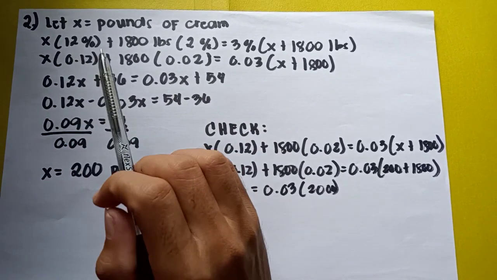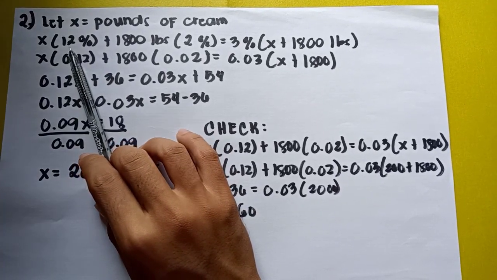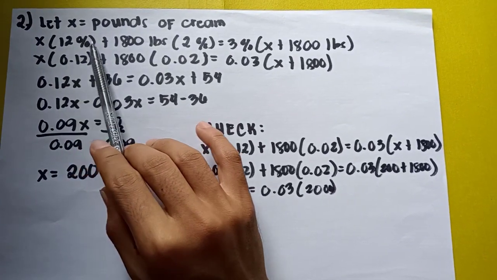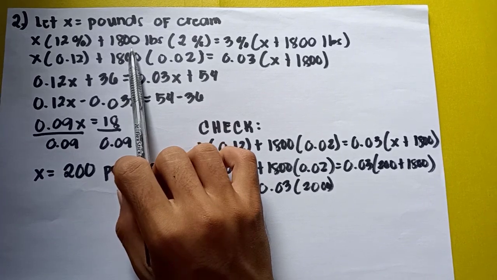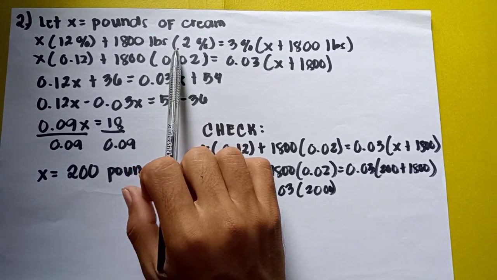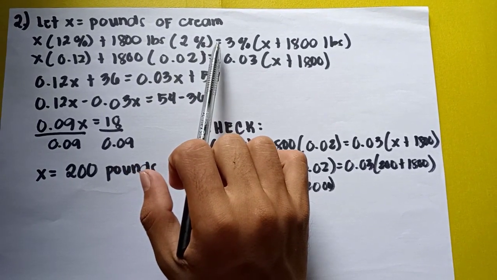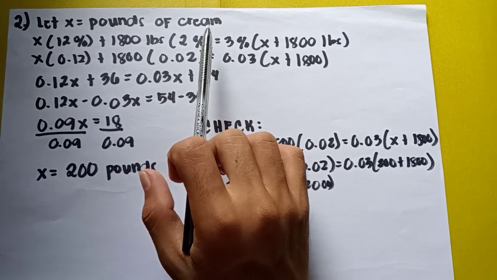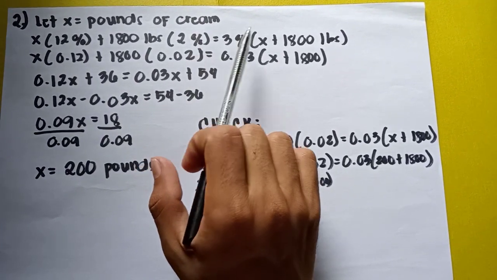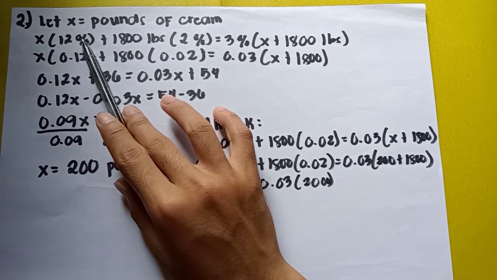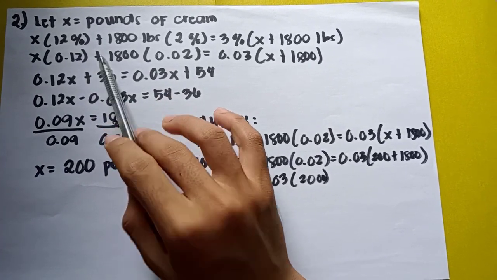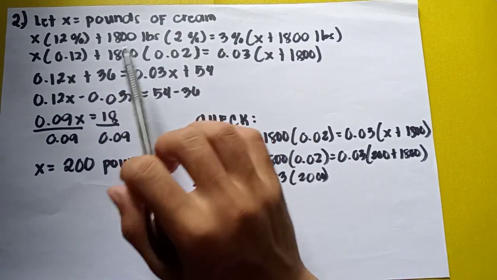So our formula: X times 12% plus 1,800 pounds times 2% equals 3% times (X + 1,800) pounds. So again, we will convert 12%, 2%, and 3% into decimals.